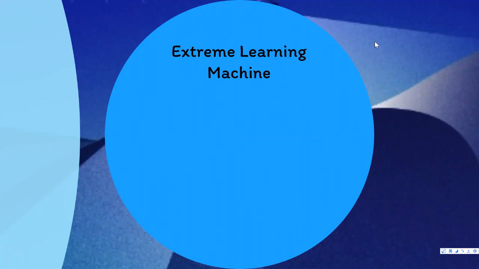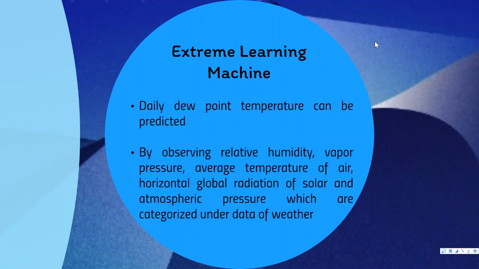Extreme learning machine can be used to predict daily dew point temperature. This can be done by observing relative humidity, vapor pressure, average temperature of air, horizontal global solar radiation, and atmospheric pressure, which are categorized into weather data.